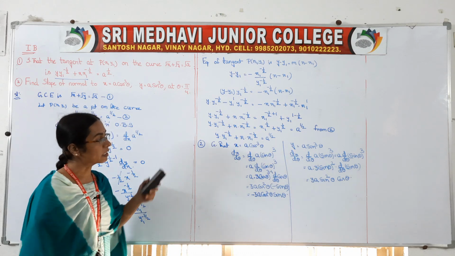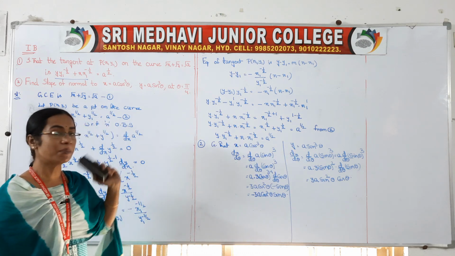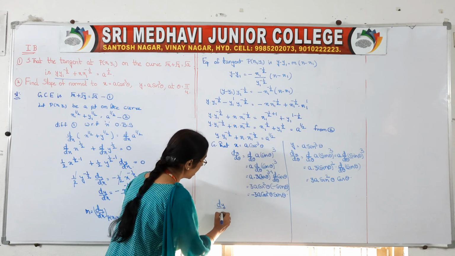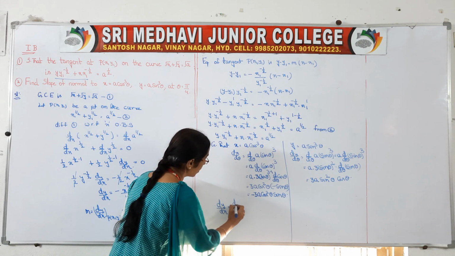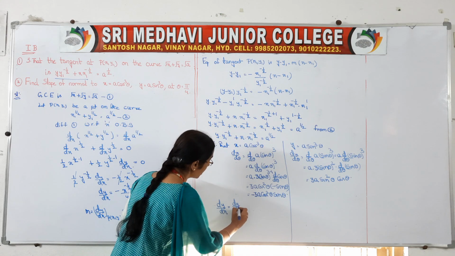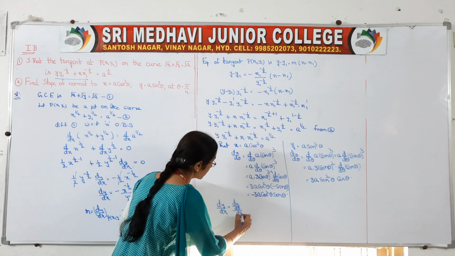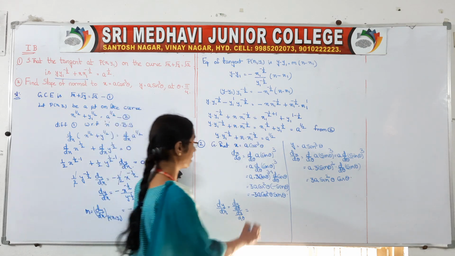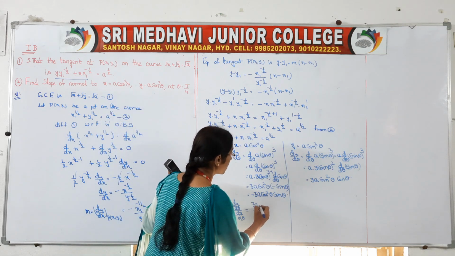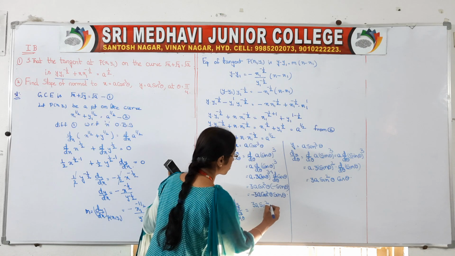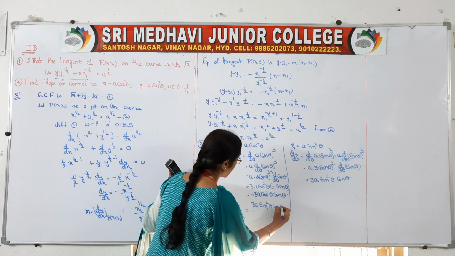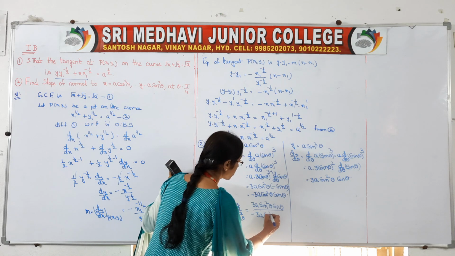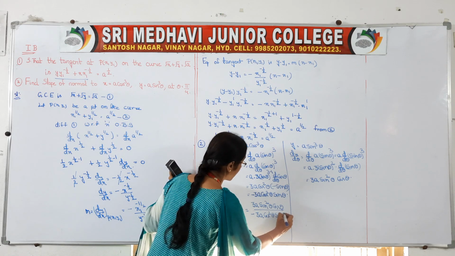So we got dx by d theta, dy by d theta. We want dy by dx, which is dy by d theta divided by dx by d theta. So that is 3a sin square theta cos theta by minus 3a cos square theta sin theta.